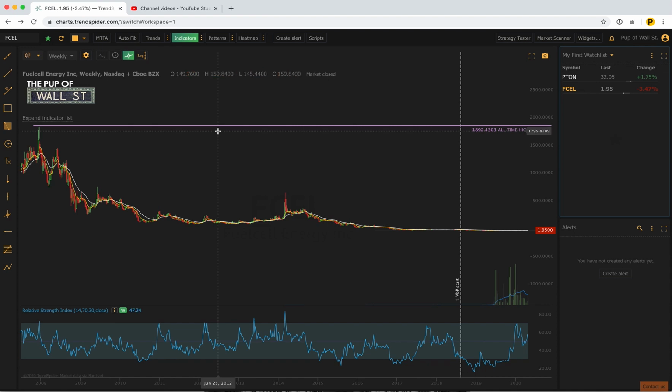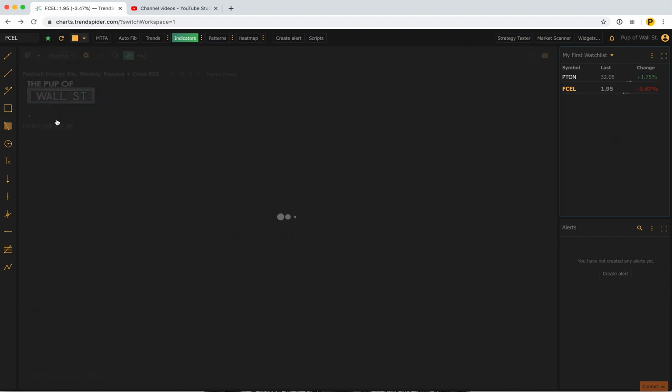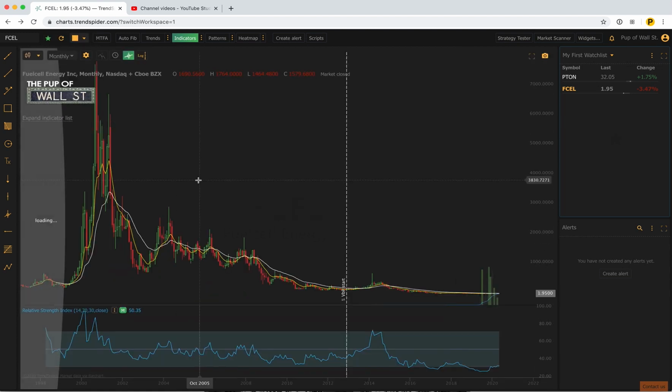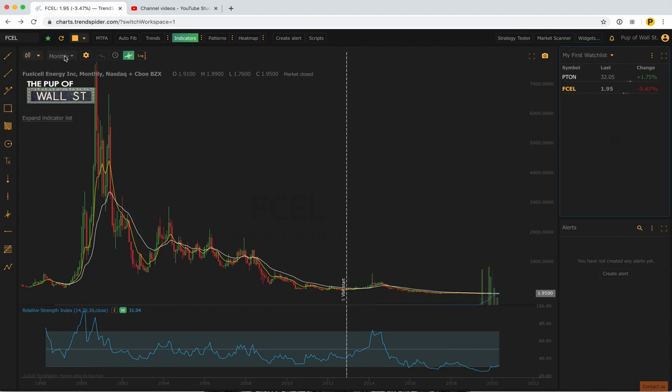All right, so here's another interesting thing. We have all these time frames. We have weekly, monthly, daily. Let's look at monthly. This will be interesting. So this is the monthly chart. So you have weekly, daily, 4 hour, 2 hour, 90 minutes, 65, 1 hour, 45, 30, 15, 12, 10, 6, 5, 4, 3, 2, 1.